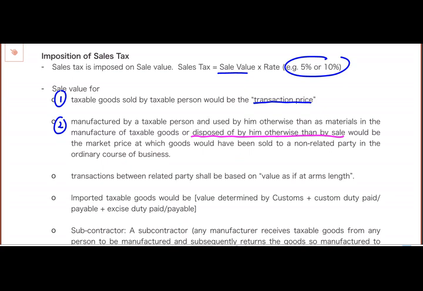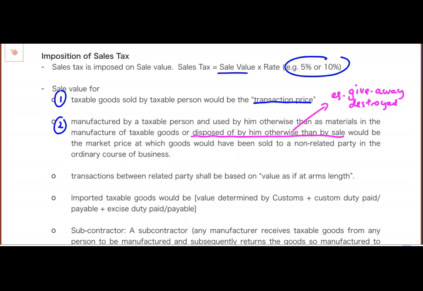What do you mean by dispose otherwise than by sale? For example, you give away the stock, you donate your item, destroy, written off.